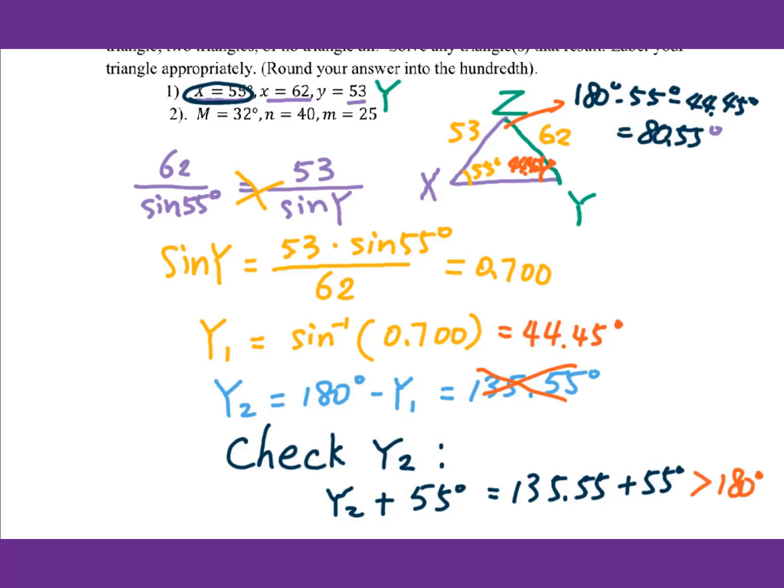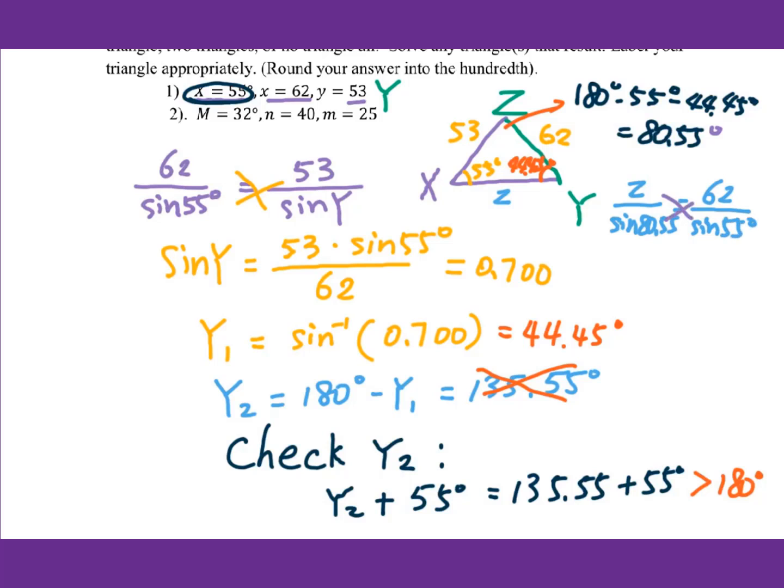For this triangle, we need to figure out this z, so we still use the sine law. z over sine 80.55 degrees equals 62 over sine 55 degrees.